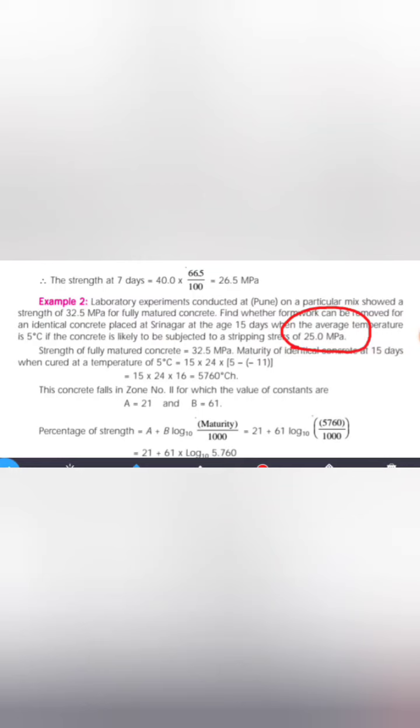That means if your concrete has attained more than this stress in 15 days, then you can remove the formwork, or else it is not possible. So we are going to check whether it is possible or not.